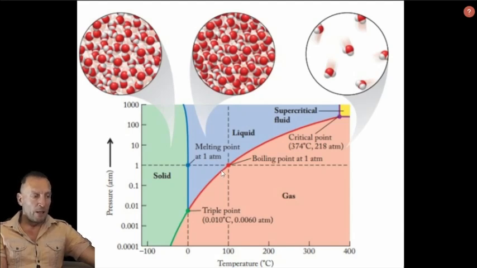Look at it. At say 0.8 atmospheres, it's approximately 80 degrees, around there. All right. So the water starts boiling at 80 degrees when we're high in the mountains.